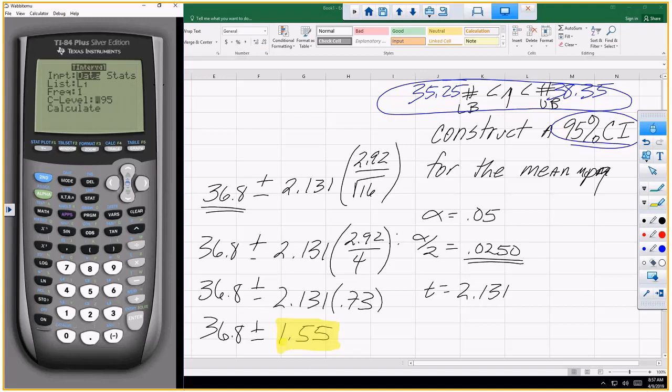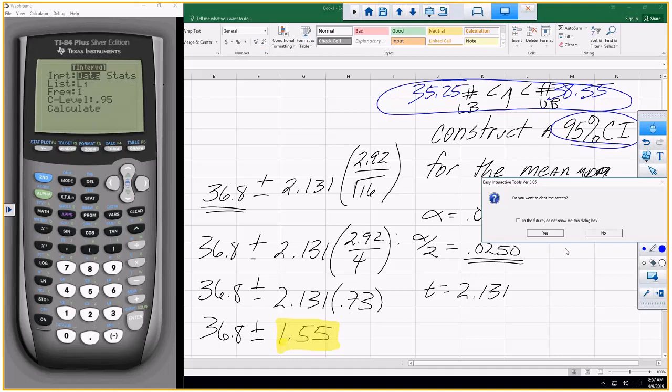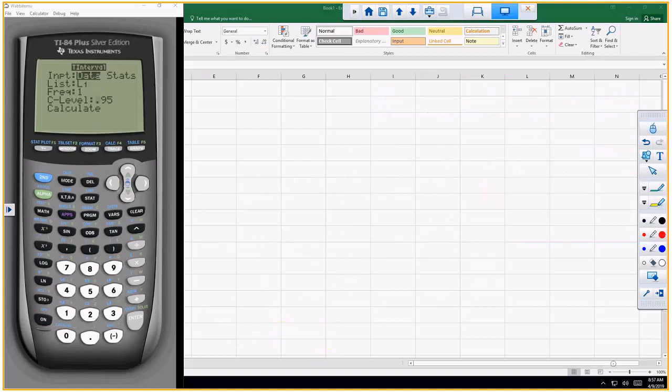Let's go to our handy dandy formula for N, the same as before. N is equal to the Z value times the standard deviation over the margin of error, squared. The Z value does not change here.